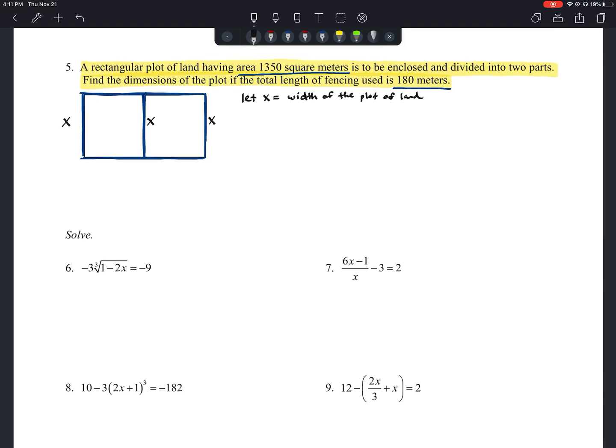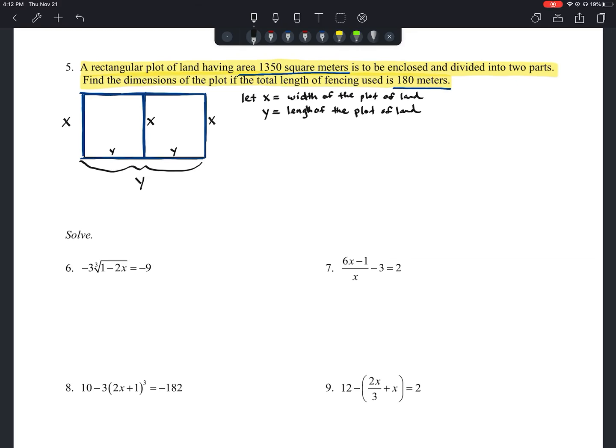Now we can also define, let Y equal the length of the plot of land. So I'm going to call this entire thing Y. Some of you I saw in class may have called this Y and this Y, which is totally fine.